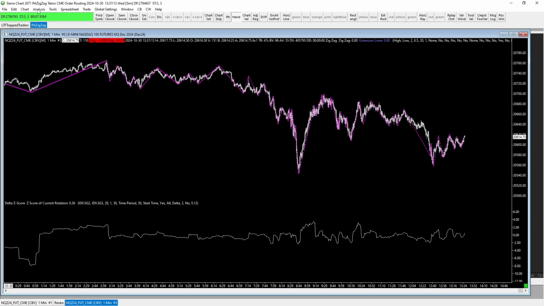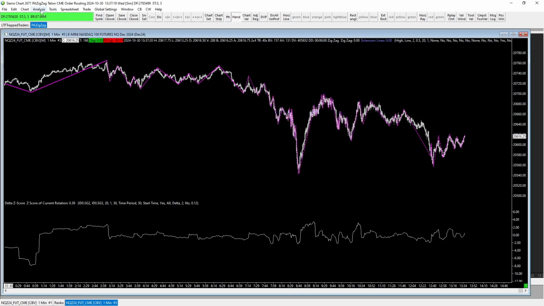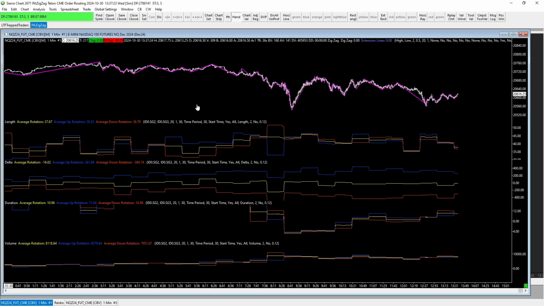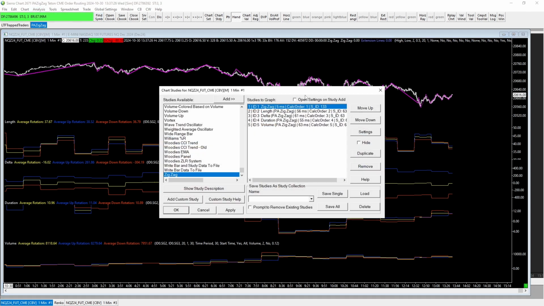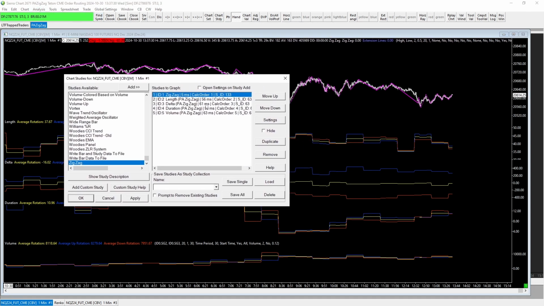But for the studies you can see on all of these, again, 61 milliseconds. Our calculations here are slower than what it takes to recognize a zigzag, but they should be fast enough for most non-full-algo trading purposes, and for chart trading on Sierra.